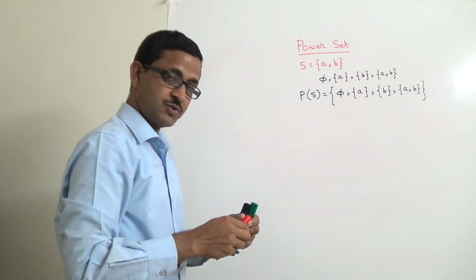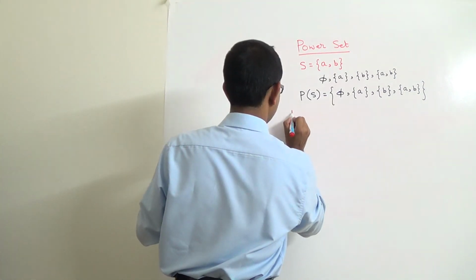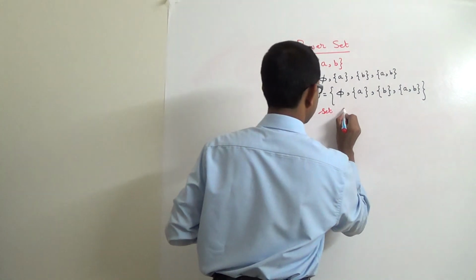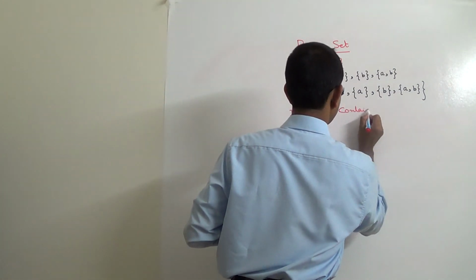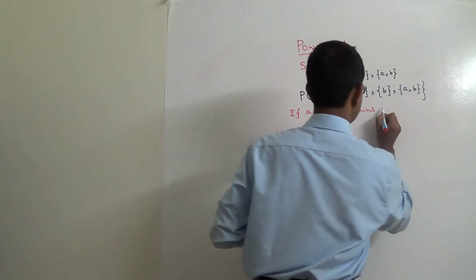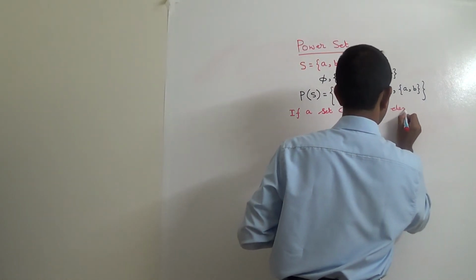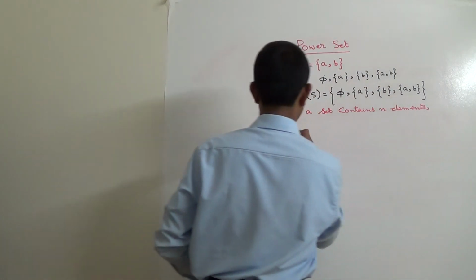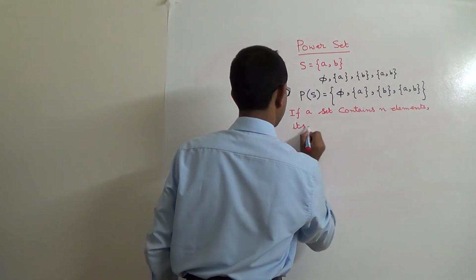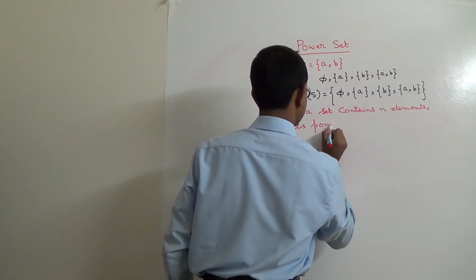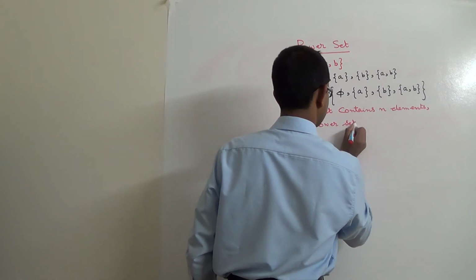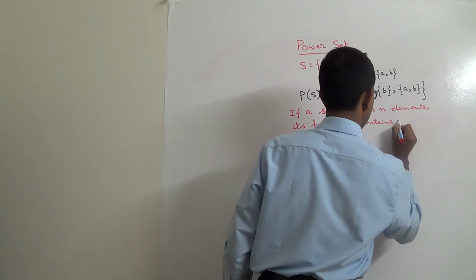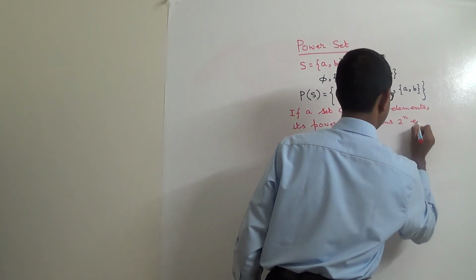So the conclusion is, if a set contains n elements, its power set contains 2 power n elements.